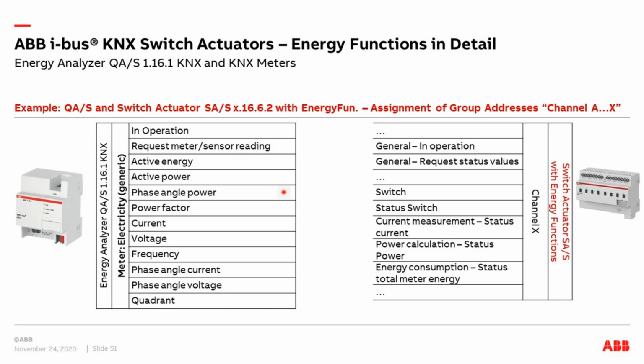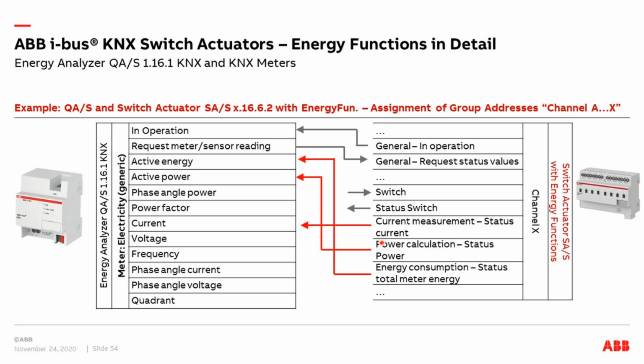So how to link the objects between the switch actuator with energy function, and here on the left side my energy analyzer. I think it's not difficult. At first we have some address for switching and to get the status of the switch actuator. If we want to monitor the in-operation function, so that it sends every minute a live signal, then we need a group address, or if the energy analyzer should send a request to get the meter values, then we link another group address.